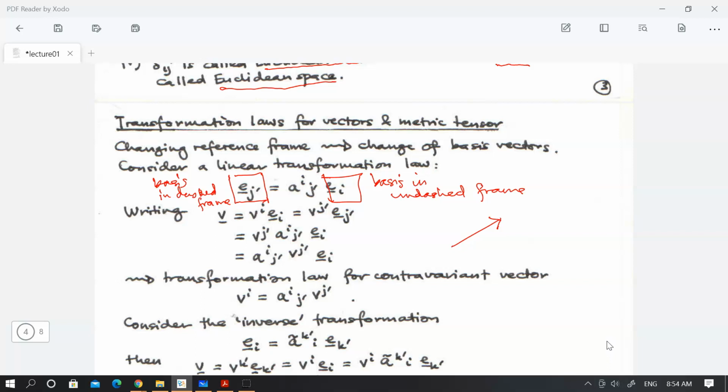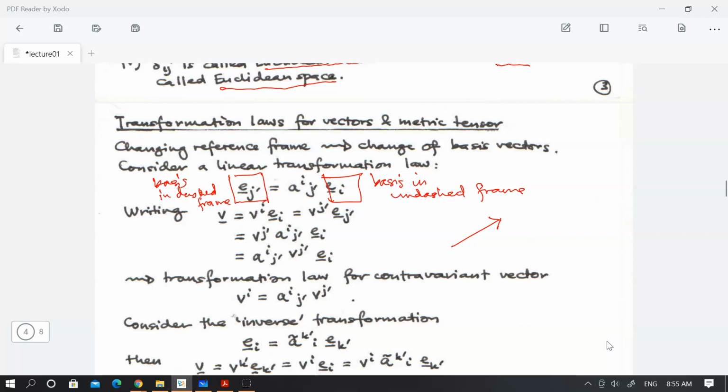The ones that change are essentially your components. So if you compare the components, I'm writing in terms of undash frame here and dash frame here, because I know how to transform the basis, I'll be able to make the connection between this component and these components.